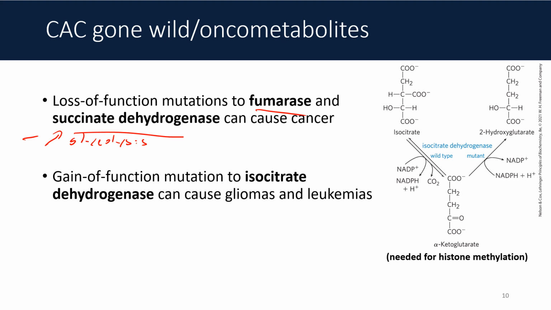The second perk for cancer, I suppose, is that breaking fumarase and succinate dehydrogenase will cause an accumulation of fumarate and succinate. What will happen is those two substrates will accumulate within the mitochondrion and they will leak out.